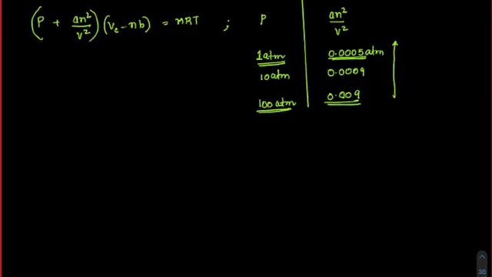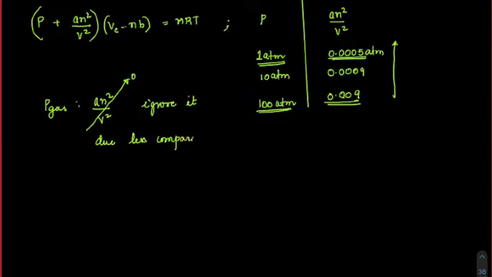So in this case, we can say that if we check pressure of the gas versus a n square by V square, we can still ignore this, due to less comparable values.